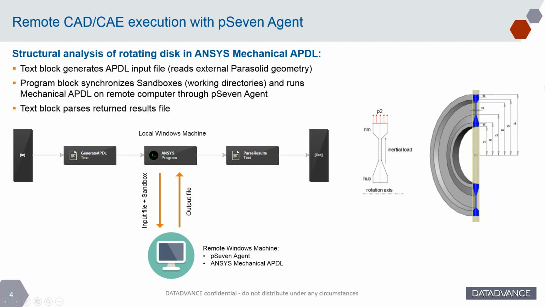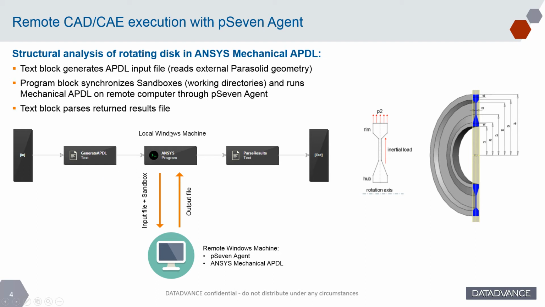To showcase the capabilities of pSeven Agent, I'm going to use a modified example from pSeven. It's a structural analysis of rotating disk in ANSYS Mechanical PDL. The workflow is run on a local Windows machine. First, the user inputs the rotating speed. Then the text block generates an input APDL file.